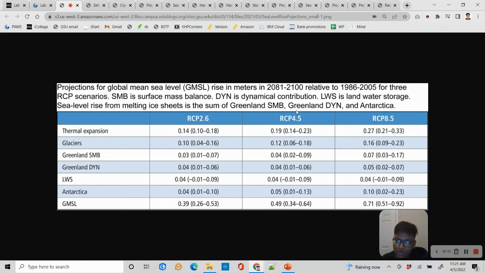Then you can do that for RCP 4.5 and RCP 8.5, and decide which one has greater impact. For RCP 2.6, thermal expansion has an impact of 0.18. But for RCP 2.6 melting ice, which is the sum of SMB, DYN, and Antarctica, SMB has 0.07, DYN is 0.06, and Antarctica is 0.10.